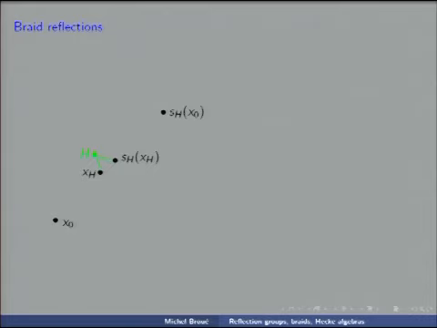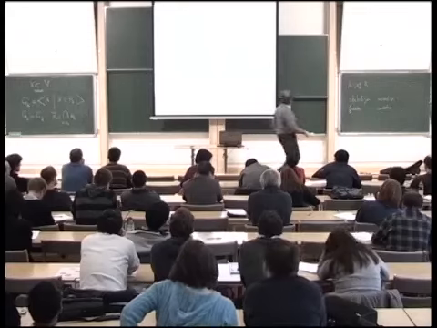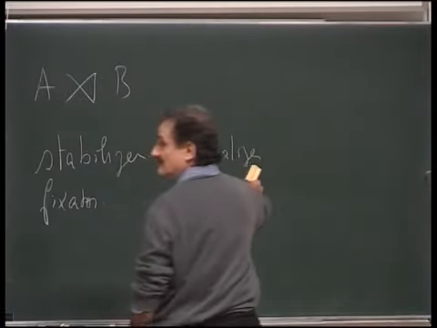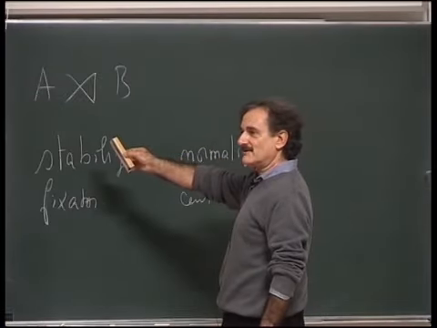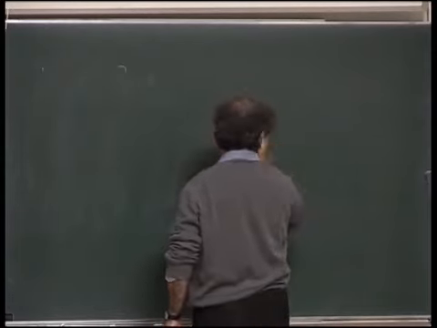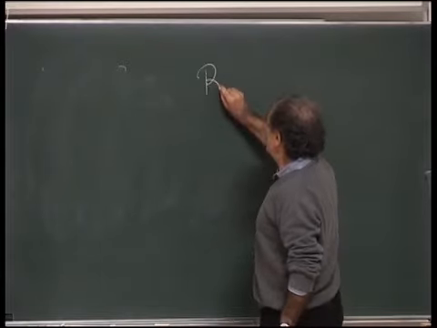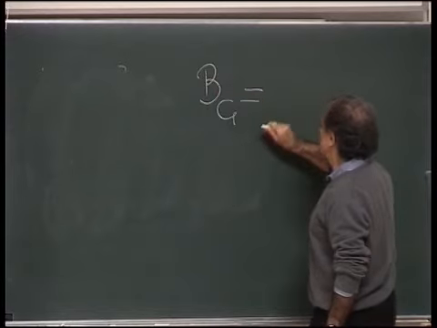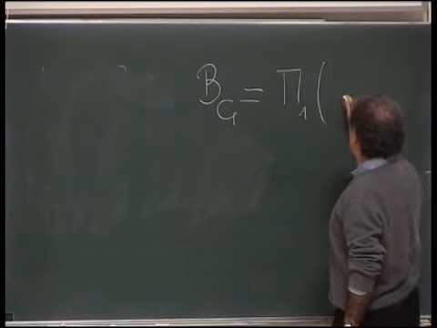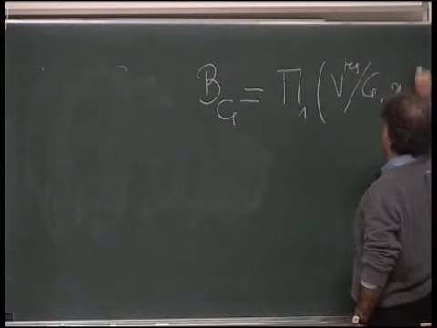Remember that the braid group we are talking about is pi_1 of V_reg mod G at x naught.